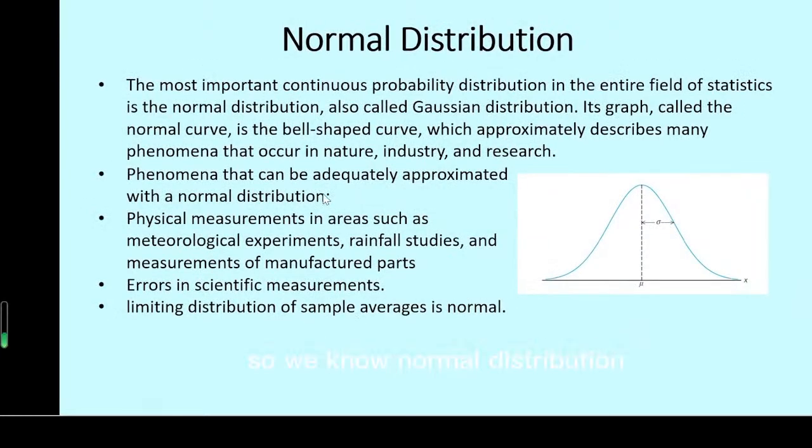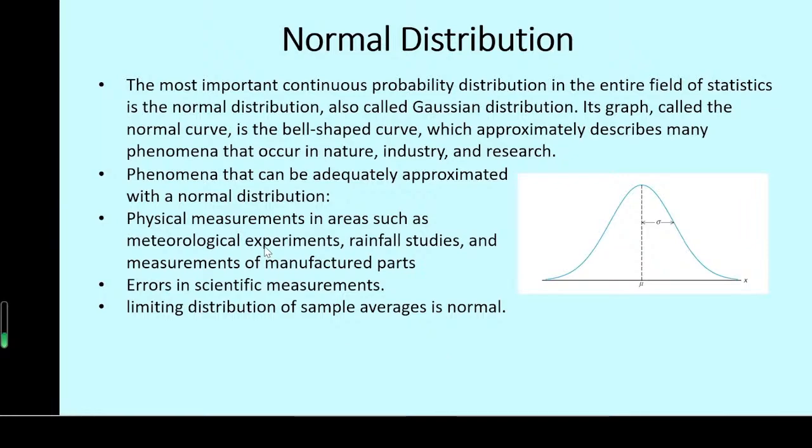So we know normal distribution is a continuous probability distribution, and it is the most important and the most widely used distribution in statistics. Normal is also called Gaussian distribution, and its curve is bell-shaped, symmetric, and can describe many phenomena in nature, industry, and research.